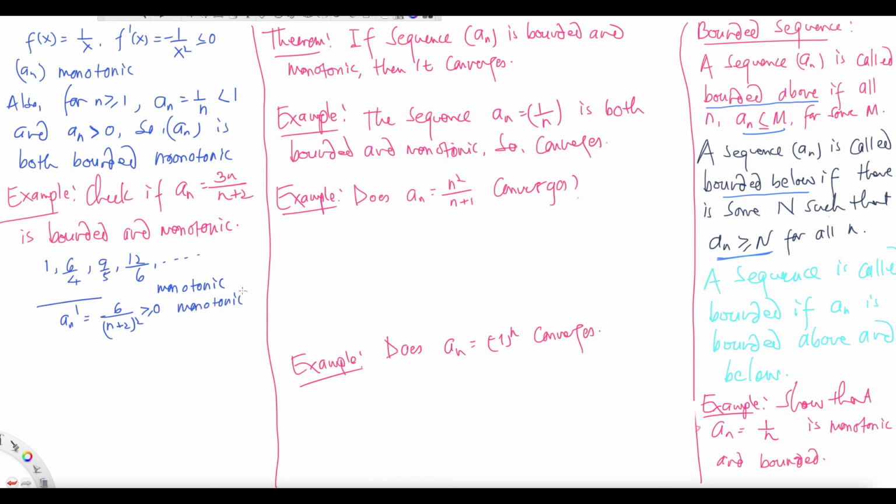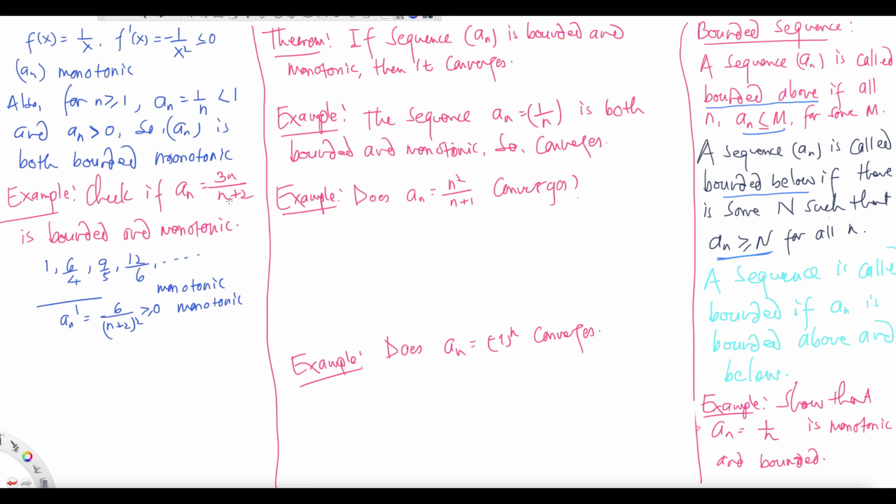Also, what is the biggest value it can take? Let us see: we did n equals 4. For n equals 5, what do we get? 15 over 7, 2 point something. How about n equals 10? 3 times 10 is 30 over 10 plus 2 is 12, so 2.5, right? Let's say n equals 100.